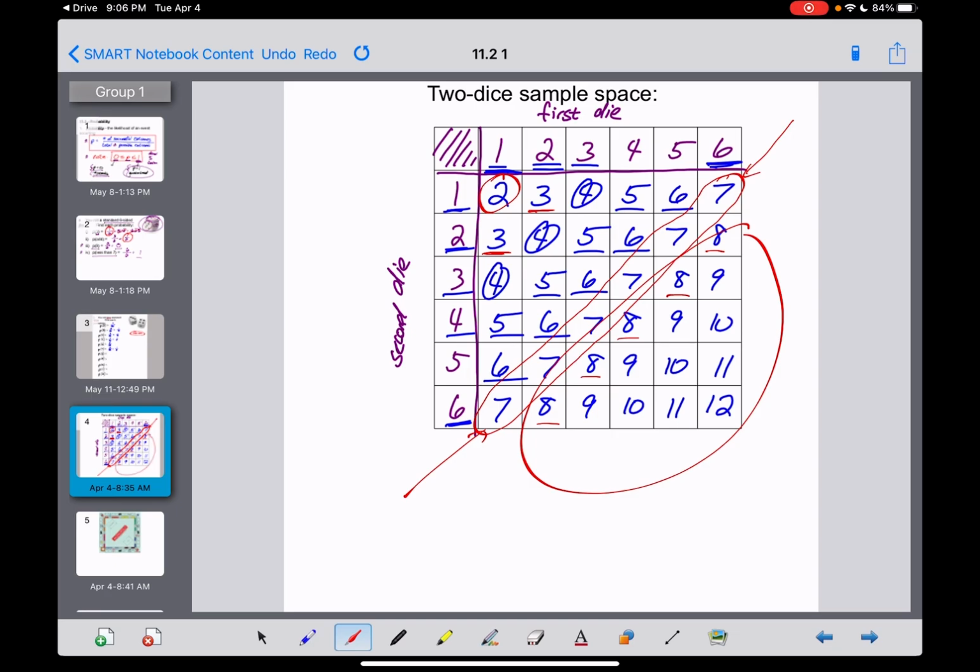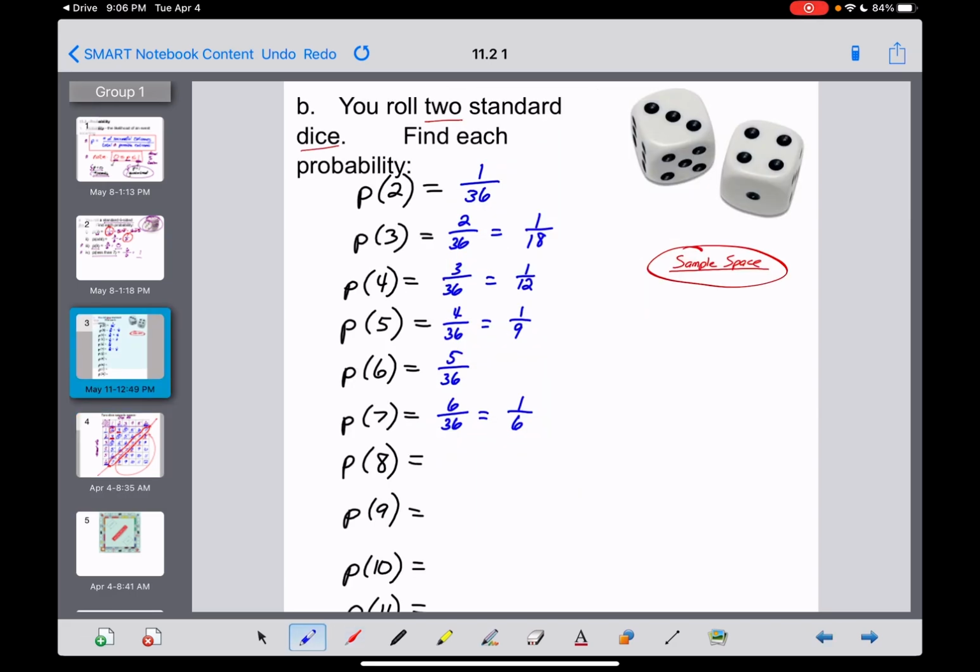My probabilities are going to start going back down now. Probability of rolling an 8 is a 5 out of 36, just like the probability of rolling a 6 was. And the probability of rolling a 9 should be the same as the probability of rolling a 5, 4 out of 36, which becomes 1/9.